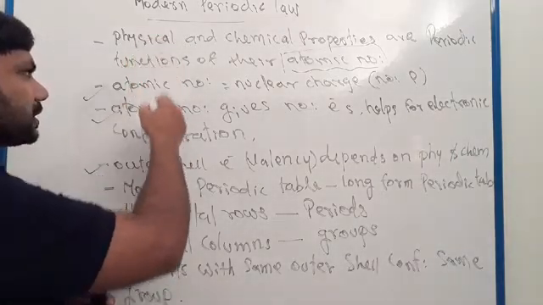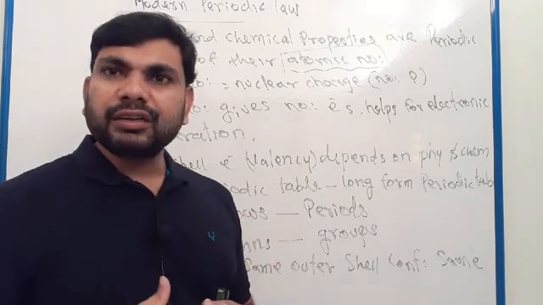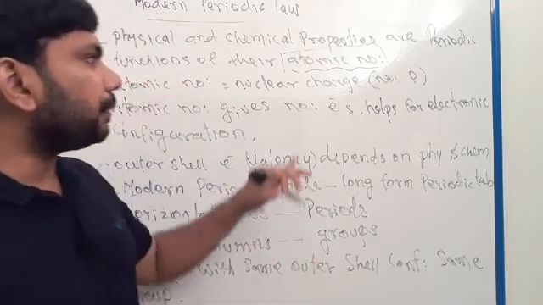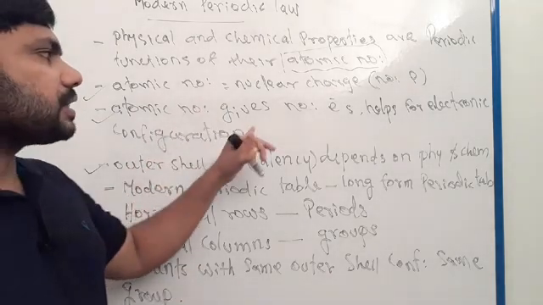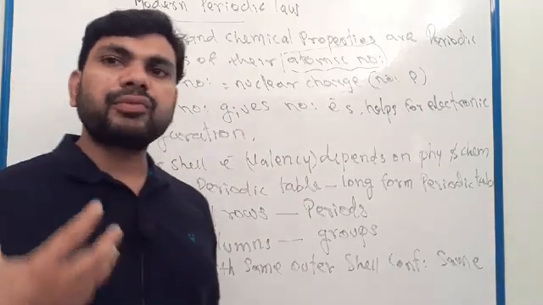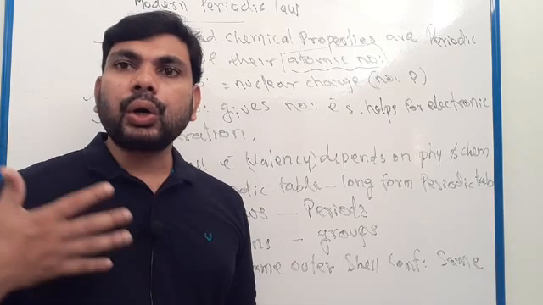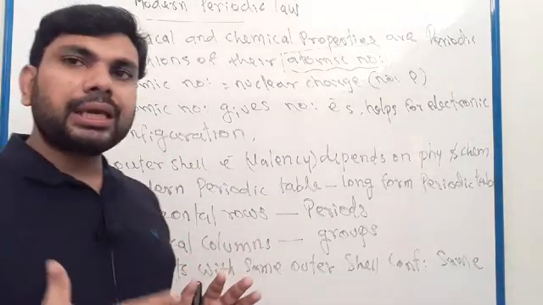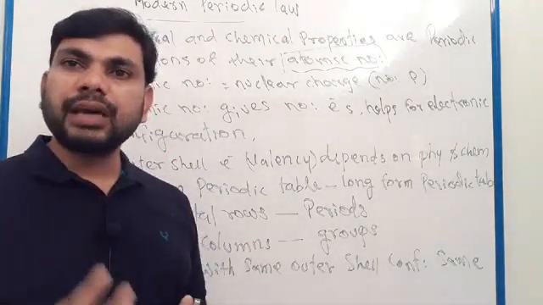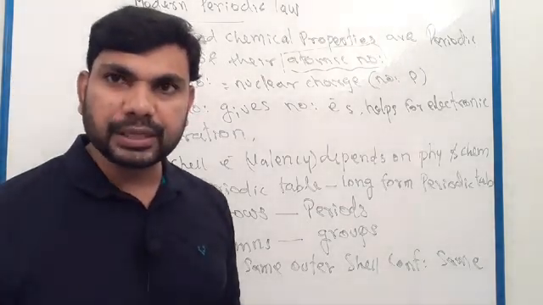So these things indicate that atomic number is very important for an element. Atomic number equals nuclear charge. Atomic number gives the number of electrons. Using the number of electrons we can write down the electronic configuration. Using outer shell electrons we can say the valency. Using valency we can predict physical and chemical properties of elements.